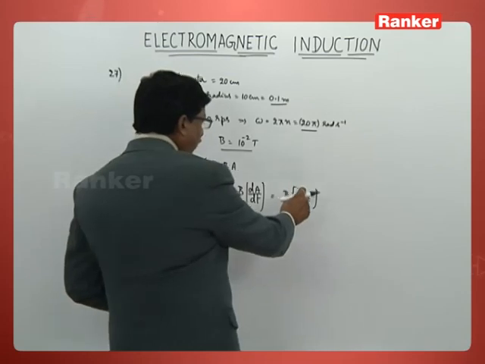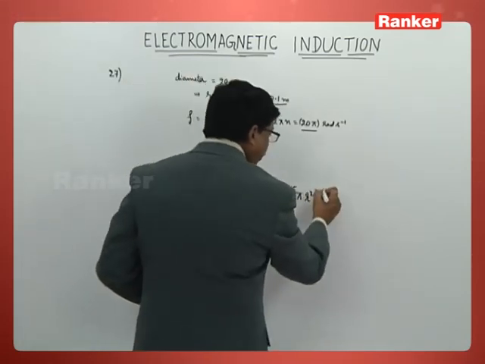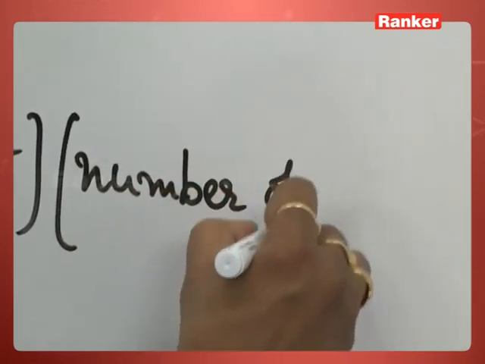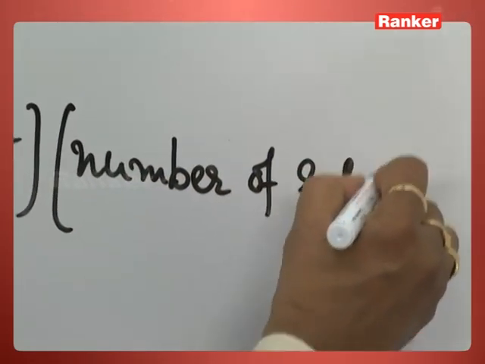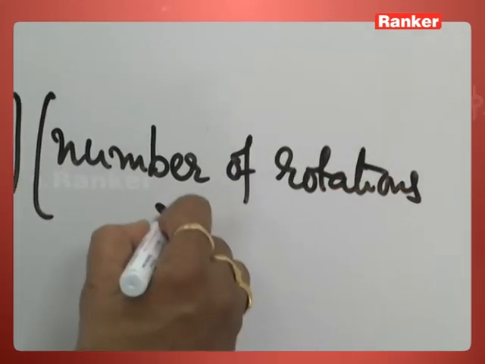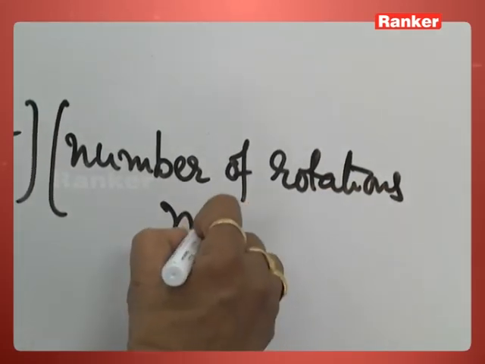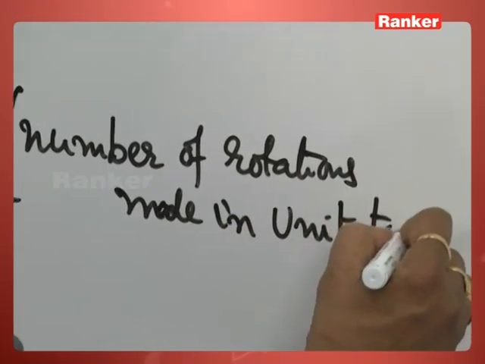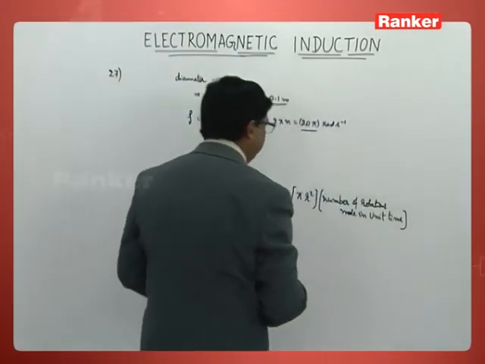So πr² is area into number of rotations made in unit time. That is the concept for dA/dt.